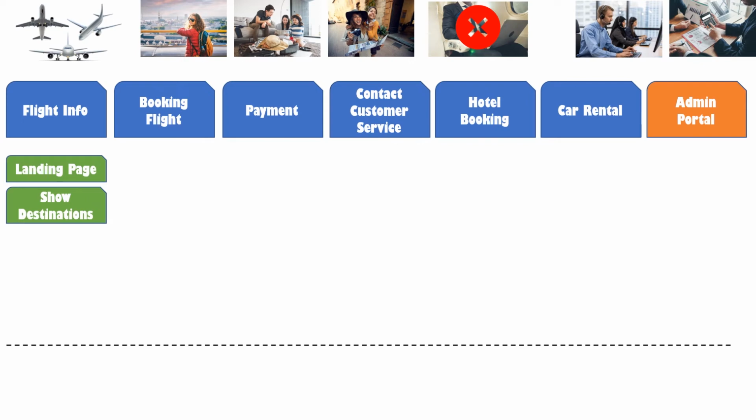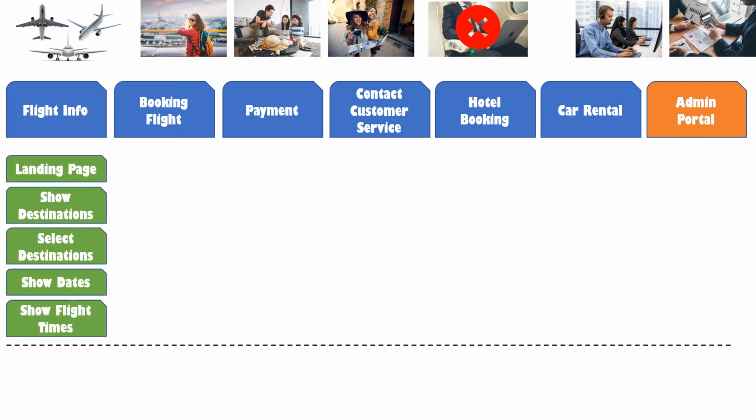Then, in order to find the good flights, we need to show destinations, and select destinations and show the dates and the flight times for that particular destination that our travelers are interested in.